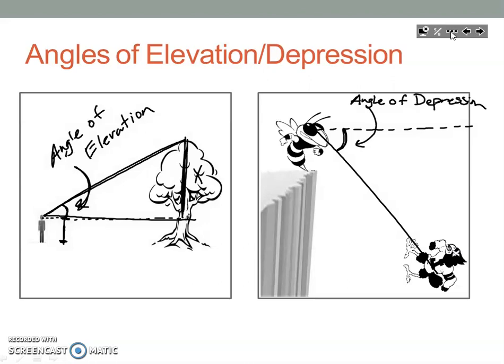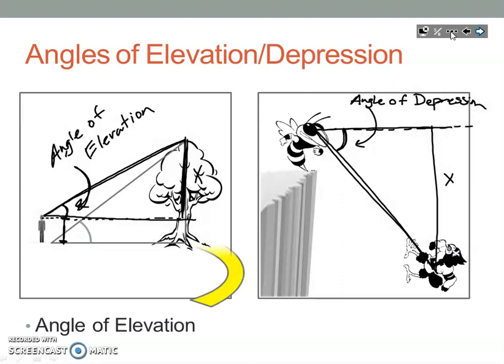And just like before, let's say you know a distance as far as how far away it is from the base, but you don't know how high up the cliff is. Well, you can use this triangle that you've created to figure out how high up you are on that cliff. So these are our angles of elevation and angles of depression, and that's kind of our vocab that we're going to need for these next few problems.